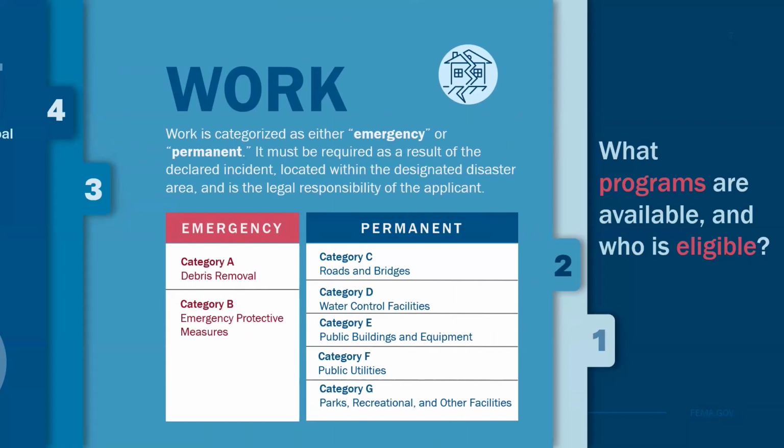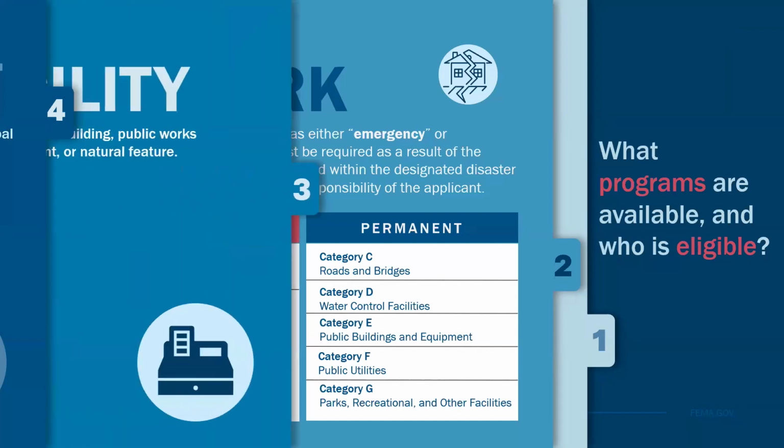For permanent work that must be completed within 18 months, Category C refers to roads and bridges, Category D to water control facilities, Category E to public buildings and equipment, Category F to public utilities, and Category G refers to parks, recreational, and other facilities.